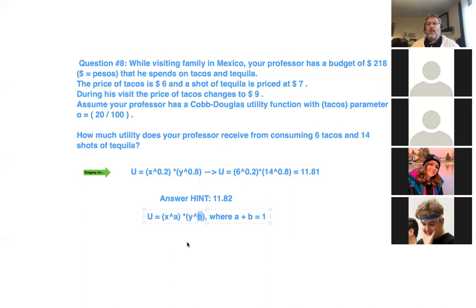And this is an unstated assumption in all of the economic analysis that you're ever going to do: when you're analyzing the preferences of a consumer during the period of analysis, those preferences are assumed to not change. They're assumed to be constant.